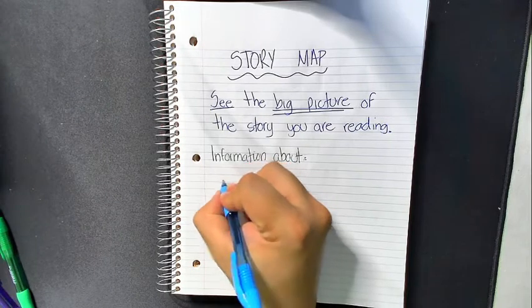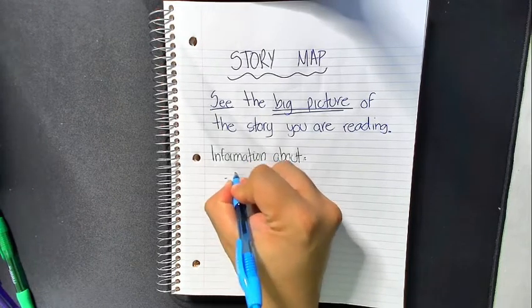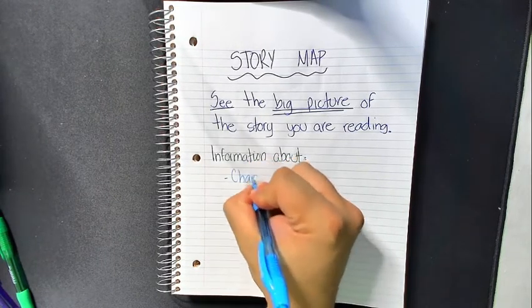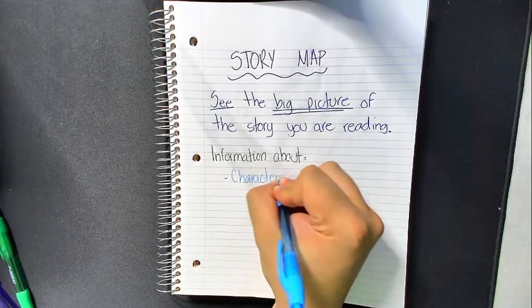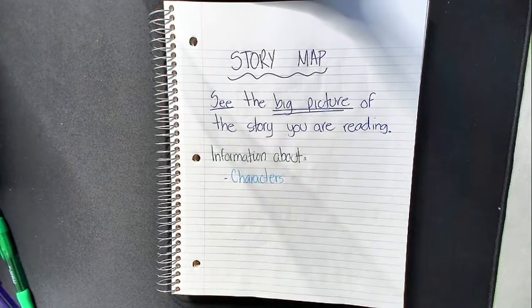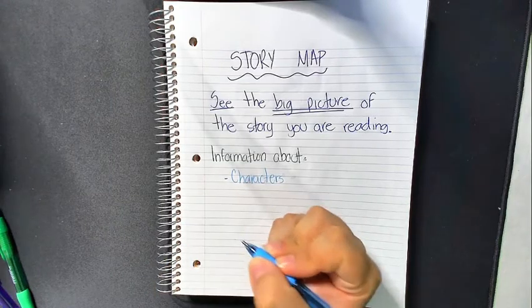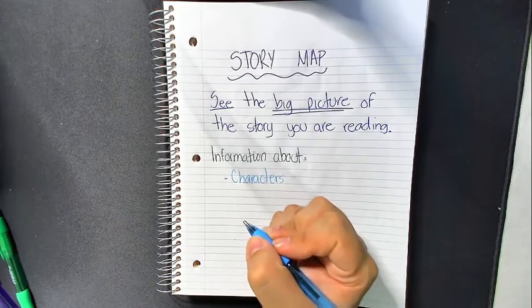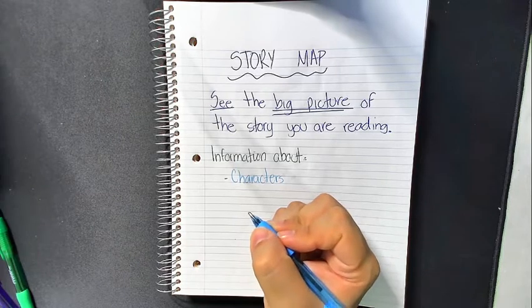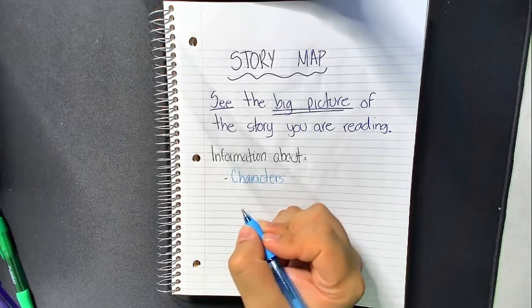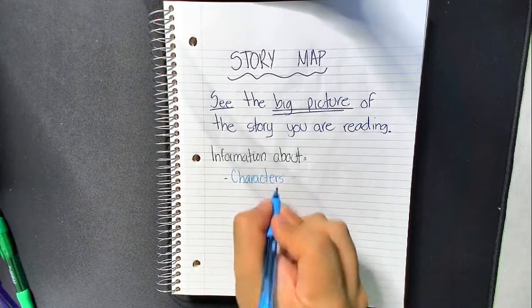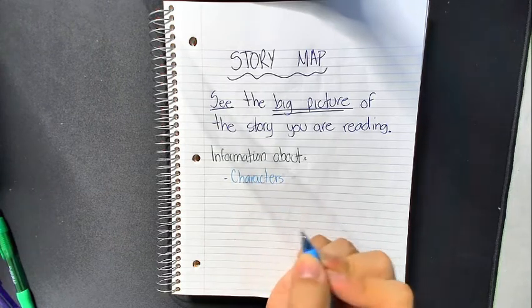Starting with characters. You'll be able to see things about characters, okay? And when I say things, I mean information such as who they are. You might even have some traits from the character, but either way, you'll have information on the character or characters.